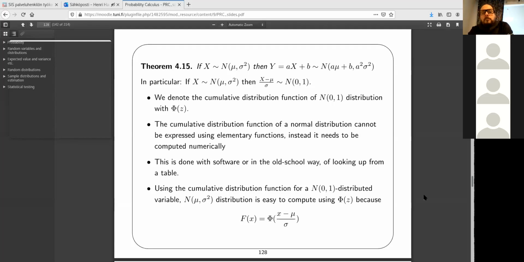Now, the old school way is looking up that table. You don't have to, but if you are more familiar with these lookup tables, then just go ahead. You can use software as well. In MATLAB, for instance, this theta will be expressed by the MATLAB function called normcdf.